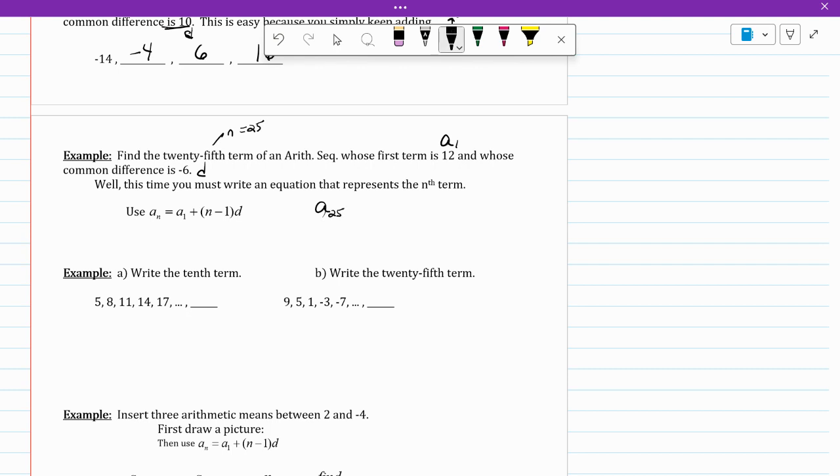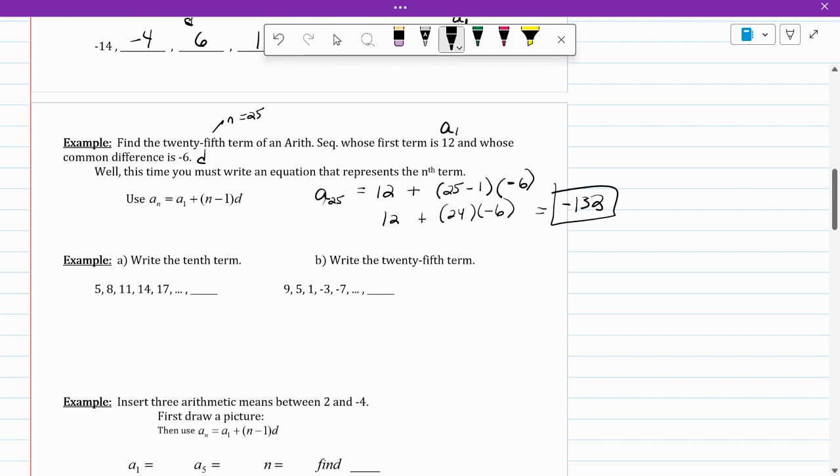So a sub 25 is the first term, which is 12, plus 25 minus 1, that's the n minus 1, times the difference, which is negative 6. So it's going to be 12 plus 24 times negative 6, which is negative 132. So the 25th term is negative 132.